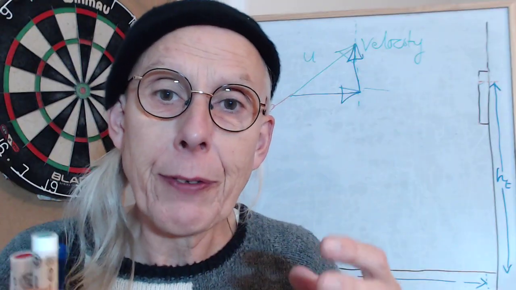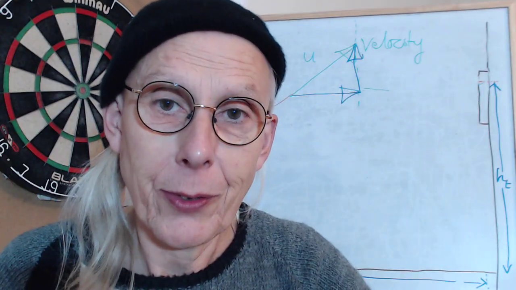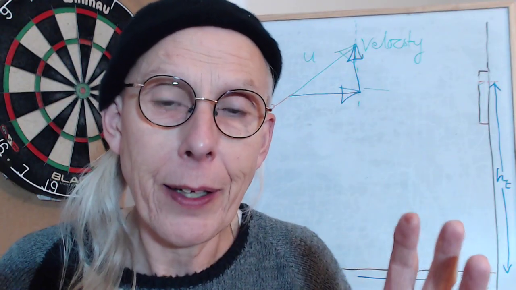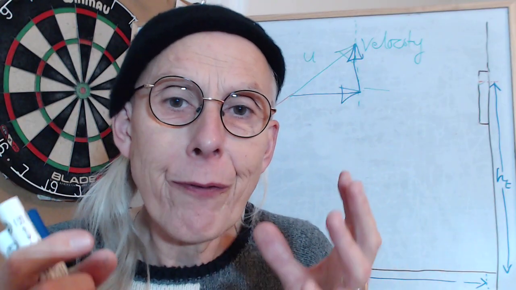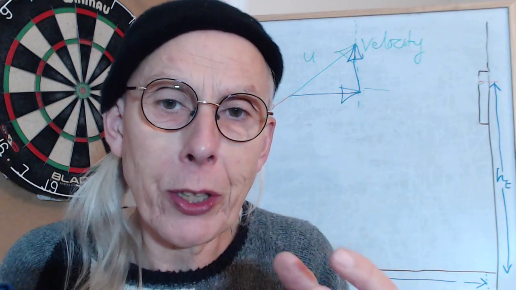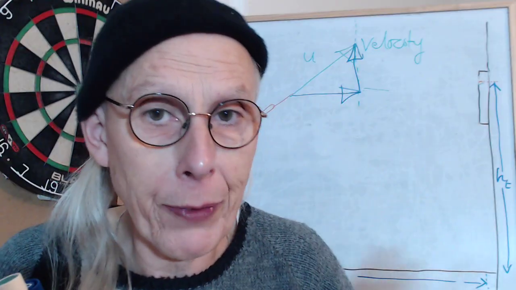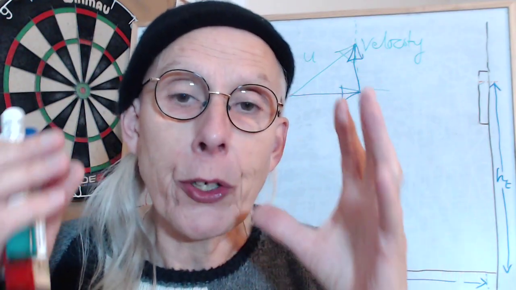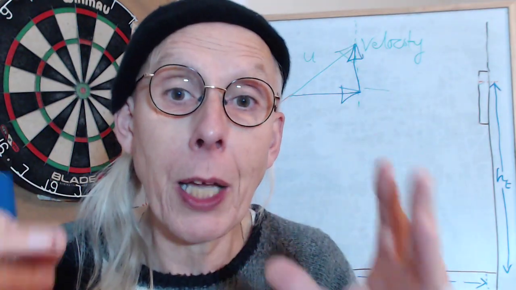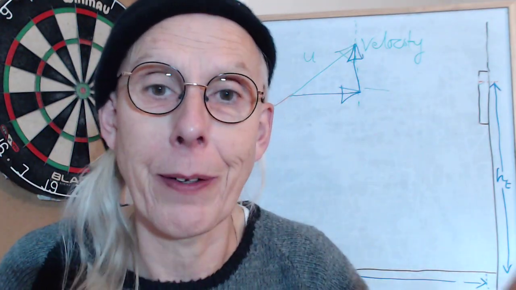Remember I said that gravity acts downwards. So here's this incredible thing that when you throw a dart, the dart only feels a force in the vertical direction if you don't worry about the air resistance for a moment. It's just gravity pulling it vertically downward. That means that Newton's first law applies to the horizontal direction.